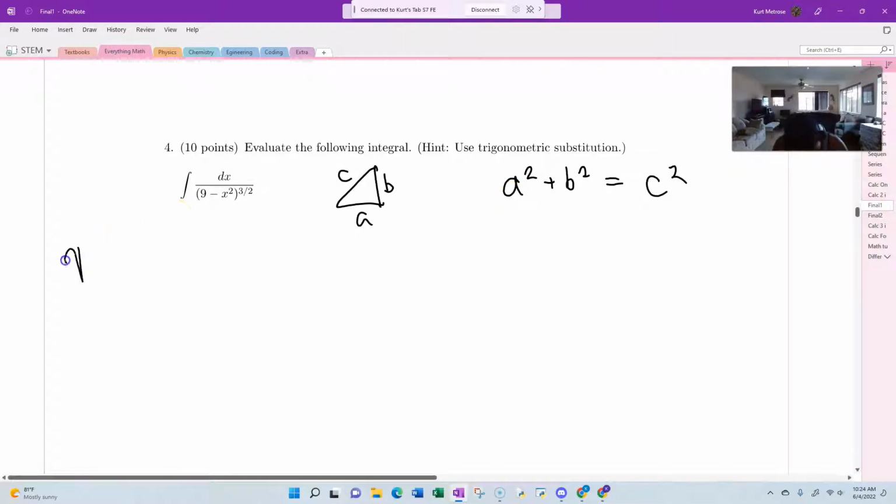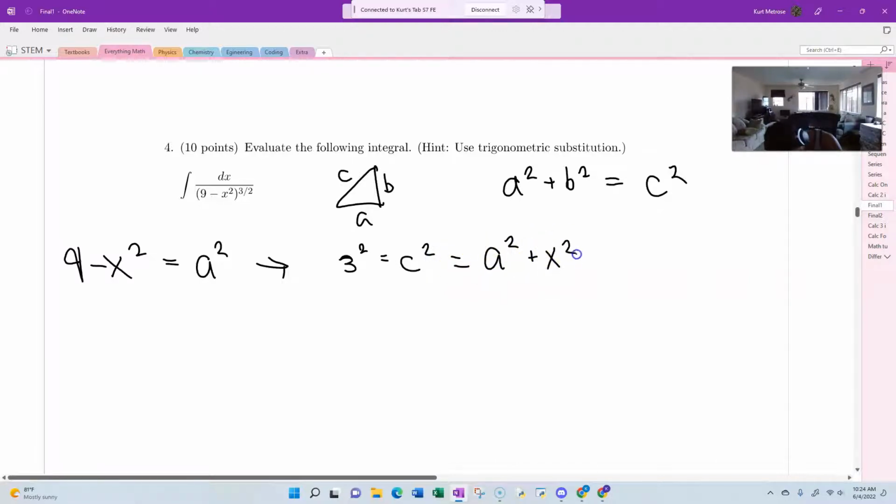Now note that we do have the situation where we have something kind of similar. We have 9 minus x squared, and we'll call it equal to a squared. So what does this mean? It means that 3 squared is equal to c squared, which is equal to a squared plus x squared.